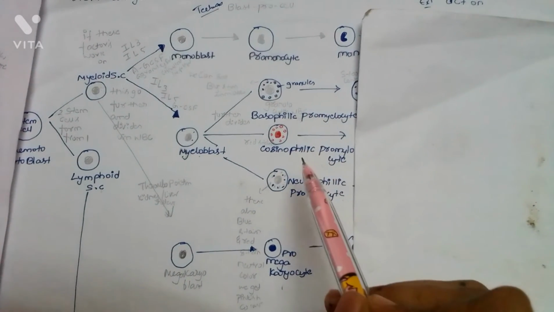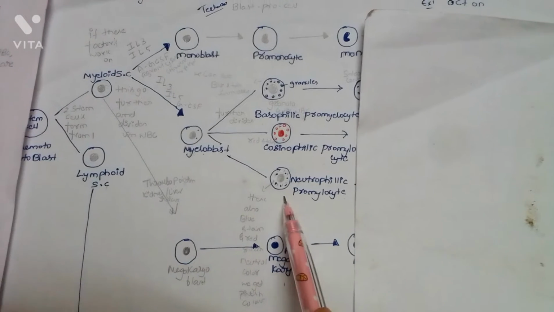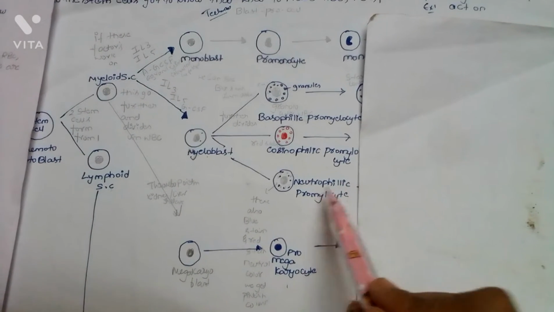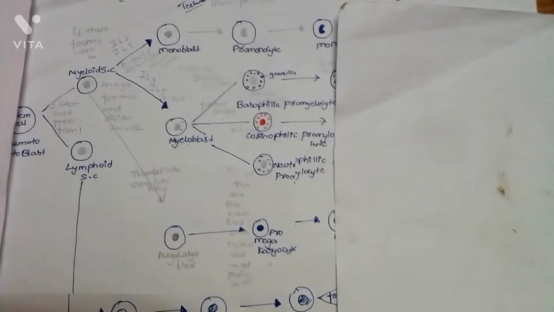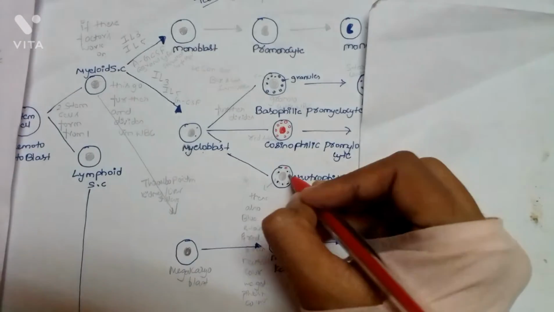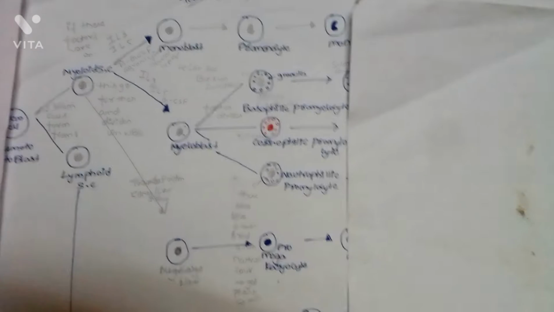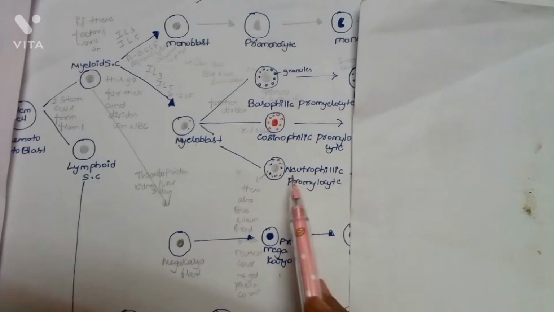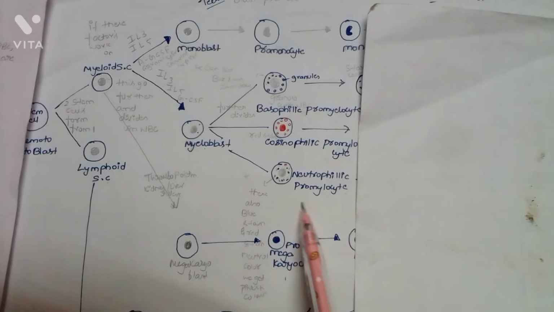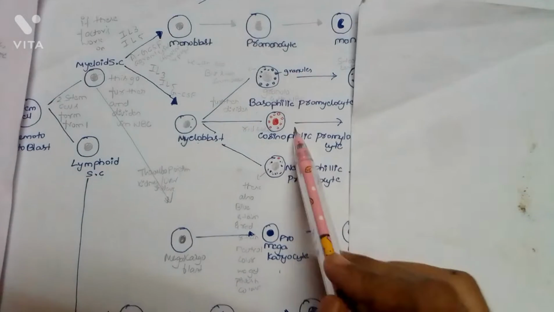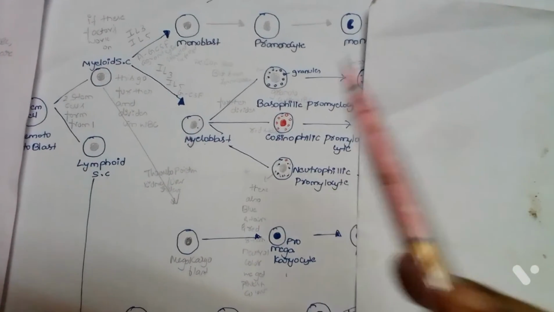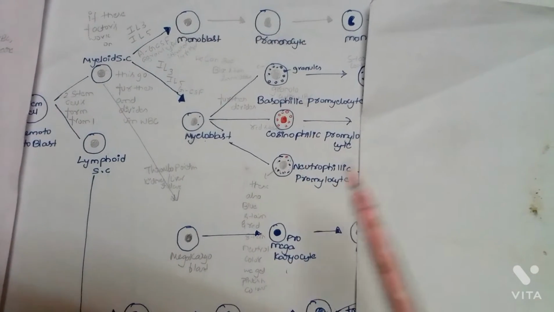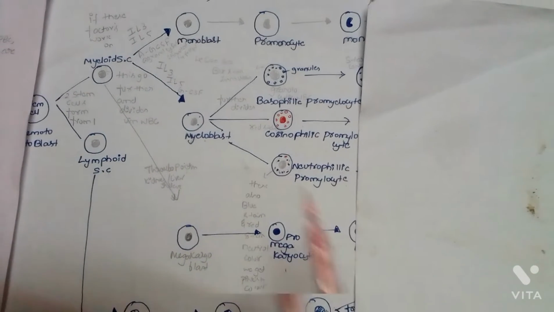The third one is the neutrophilic promyelocyte, where we can see both red and blue granules. So from these stains we can identify whether it is a basophilic, eosinophilic or neutrophilic promyelocyte.